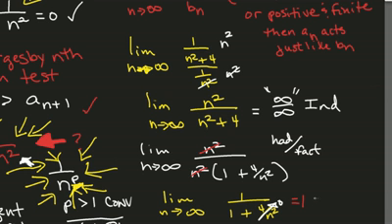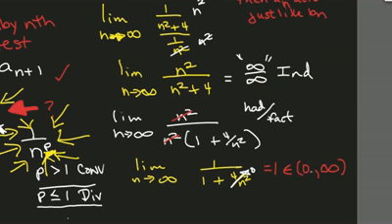Is 1 an element of 0 to infinity? Does it belong in this set? Yes, it does. So you could either say 1 is an element of 0 to infinity, or you could have said 1 is positive and finite.